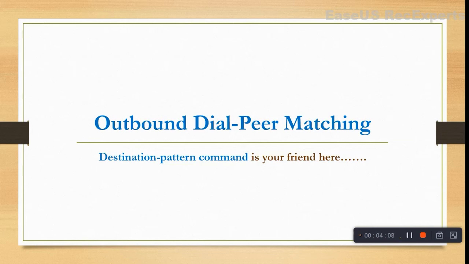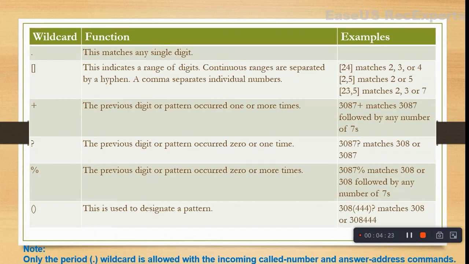But most routers are configured for outgoing calls and outgoing dial pairs with this destination pattern command having the called number or the called number with some wildcard masks. Before we go further, let's talk about some wildcard masks.